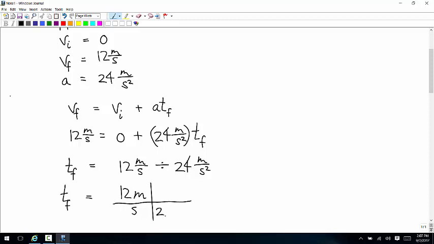So 24 meters and then seconds times seconds in the numerator. Any questions about that step? So the cancellations, you lose the meters, you lose one of the seconds, and the units come out what we'd expect for time. They come out to be seconds, and we get a total time of half a second.